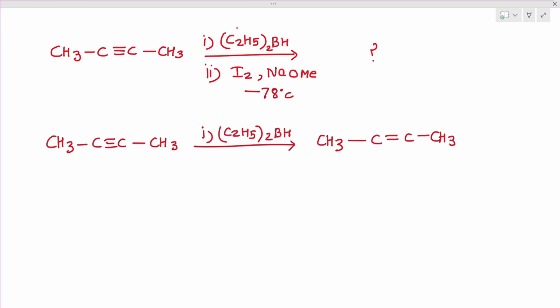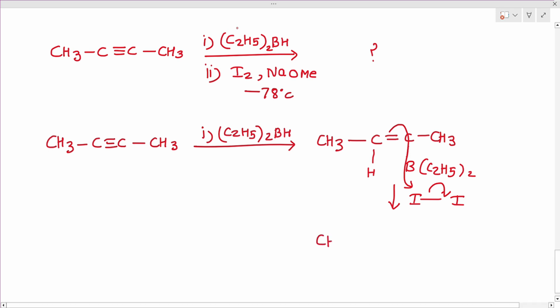See here, both the sides are same, so you can add it anywhere. So we are adding it here, B(C2H5)2, and this is hydrogen. Now secondly, this is treated with I2. I2 means I-I. So the same reaction you have to do. This is the pi bond. This pi bond will attack here, and this bond will move like this, so that again a 3-membered ring is formed.